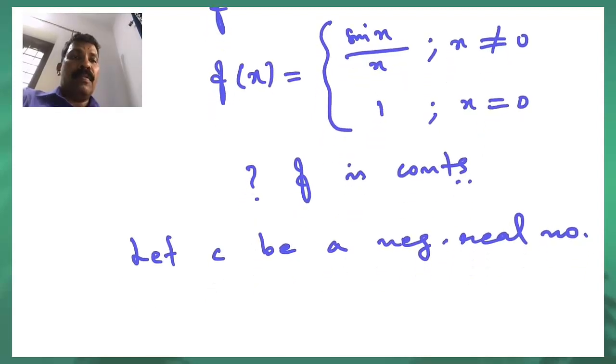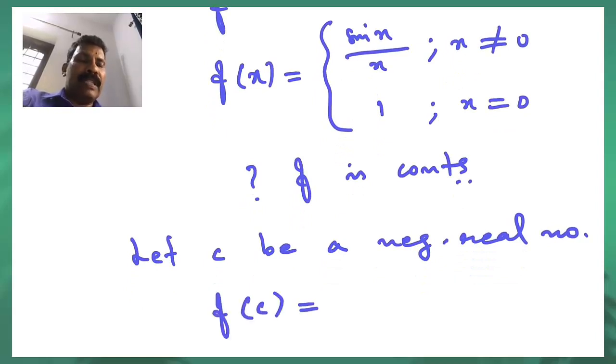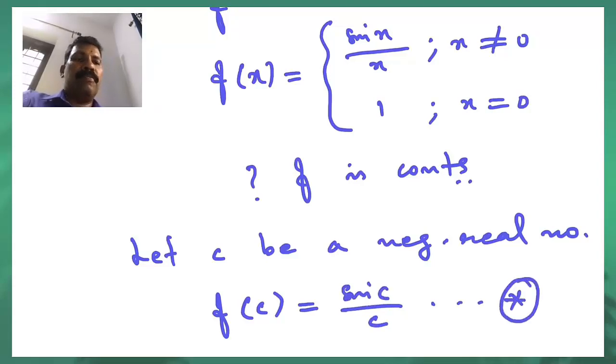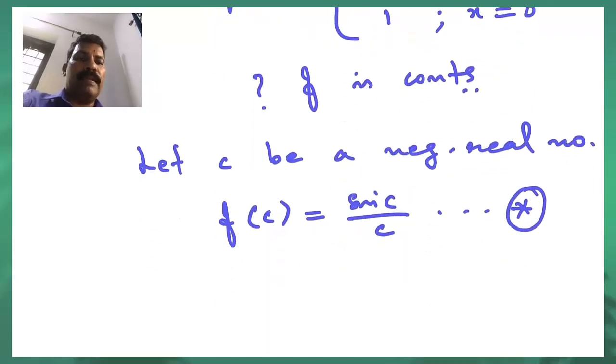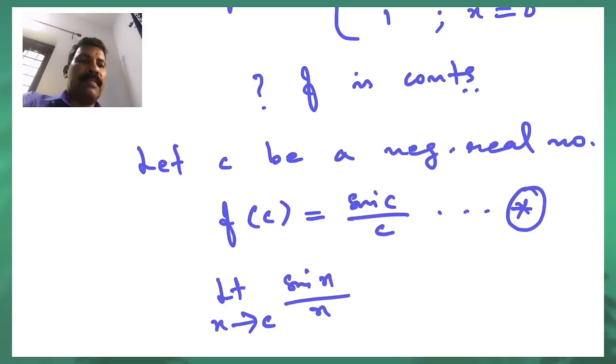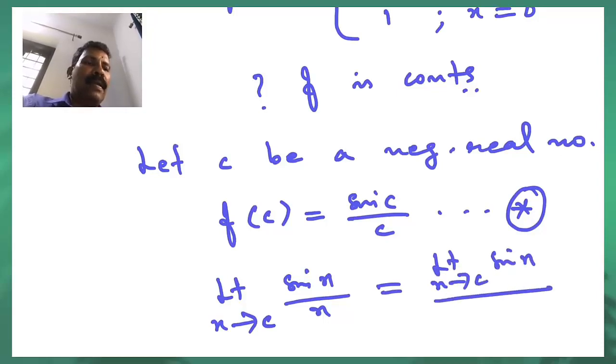Then definitely f of c, the value of the function at x equal to c, is nothing but sin c by c, that we know. And the limit also we can find in the same way, that is limit x tends to c of sin x by x, which equals limit x tends to c of sin x divided by limit x tends to c of x.